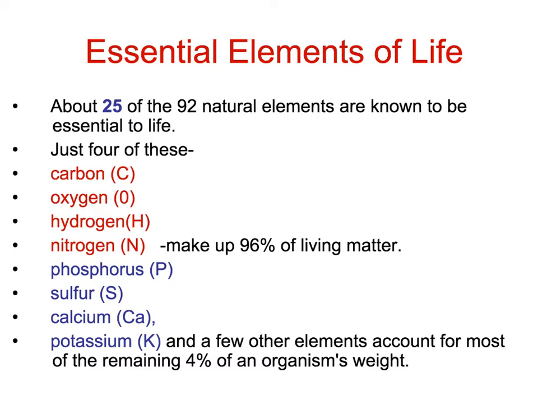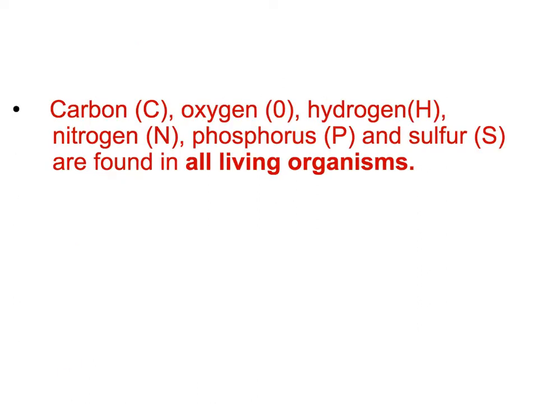The four most abundant are carbon, oxygen, hydrogen, and nitrogen. And these make up 96% of living matter. Other essential elements are phosphorus, sulfur, calcium, and potassium, and a few other elements account for most of the remaining 4%.